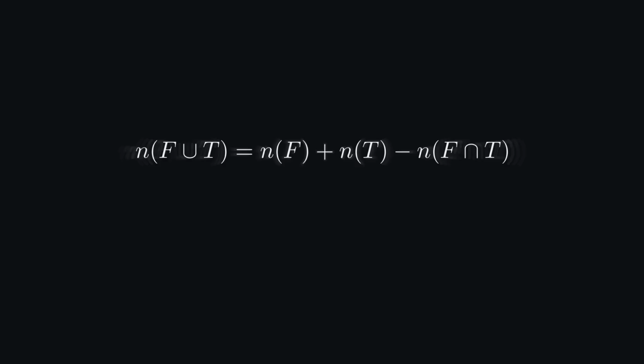At least one game means a student plays either football, table tennis, or both. Using the inclusion-exclusion principle, we can calculate the total for at least one game. This line says n(F∪T) equals n(F) plus n(T) minus n(F∩T) equals 16 plus 12 minus 5.